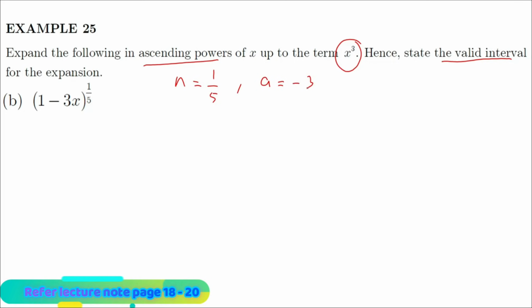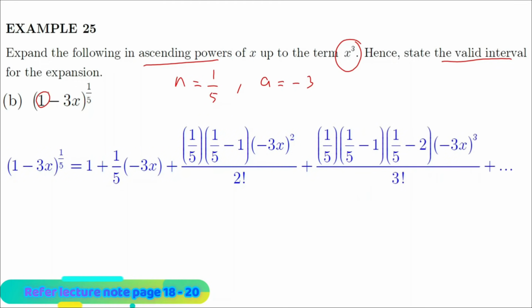We can see here that we have 1 in our bracket, so we can simply use our binomial expansion formula from earlier and substitute n and a as we found as follows. And carefully calculate the coefficient of each term.